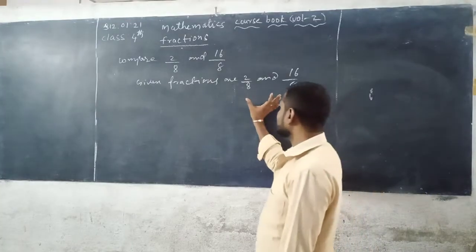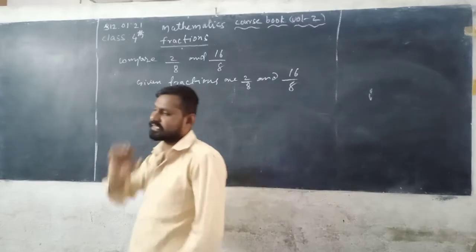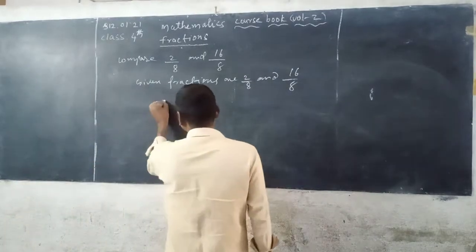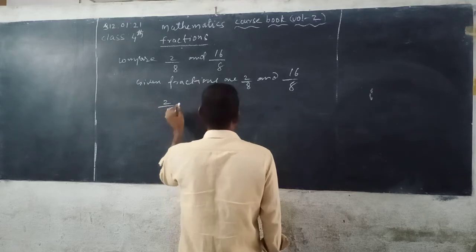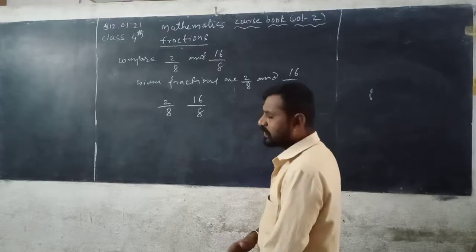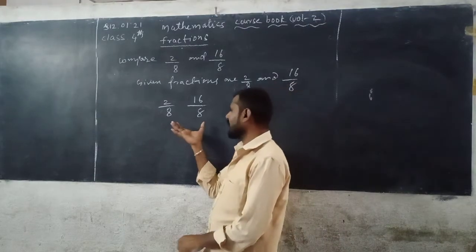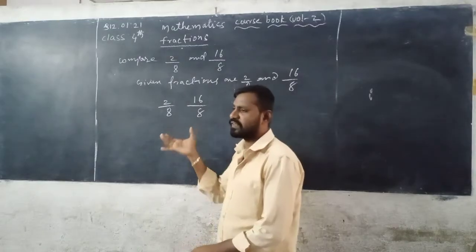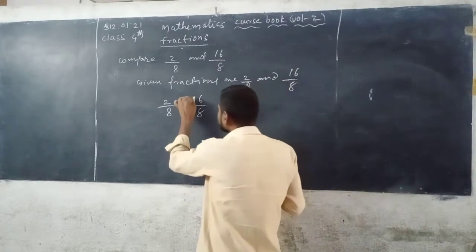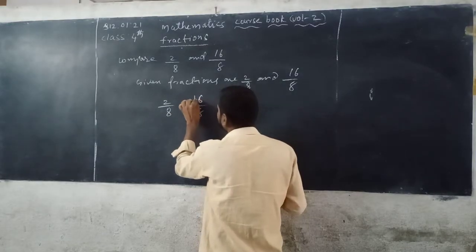See here, these two are like fractions because the given two fractions have the same denominator. Then you can write 2 by 8, 16 by 8. In the given fractions the denominator should be same. Then you can compare the numerators. Which is the greatest numerator? 16 is the greatest numerator.